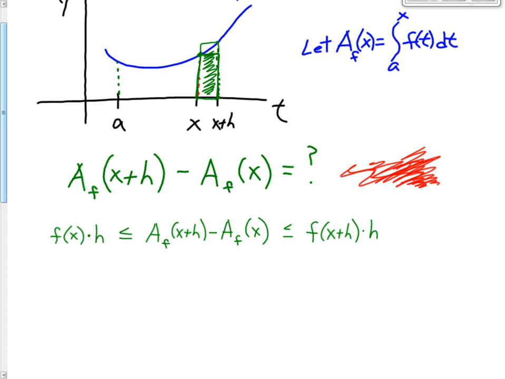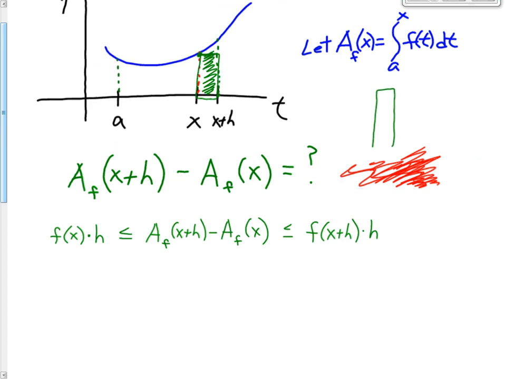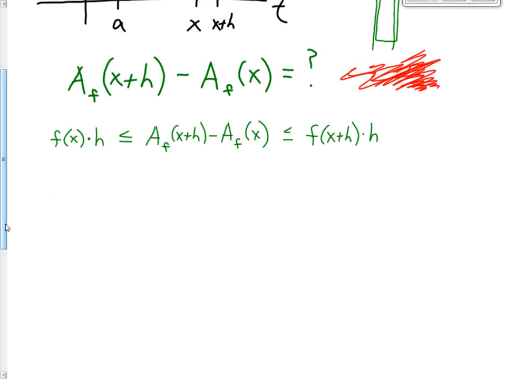Okay, so that area that I'm talking about, under the curve, between x and x plus h, is going to be somewhere in between these two values, f of x times h and f of x plus h times h. All right, so let's do some calculating here. Let's divide everything by h. h is a positive value, so that won't change our inequalities.